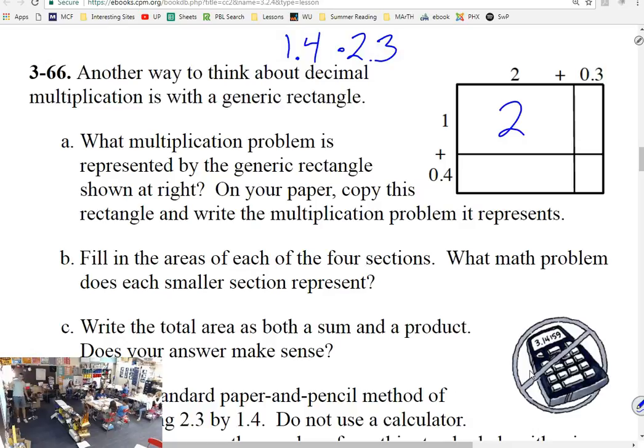What's the area of this space? 0.8. It's 2 wide and 0.4 tall. What's the area of this space? 0.03. Area of this space? 1.2. Think about it.